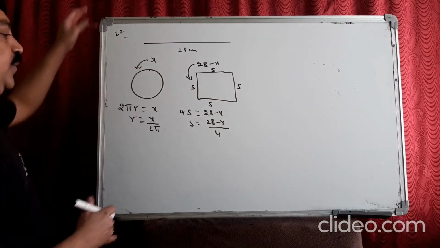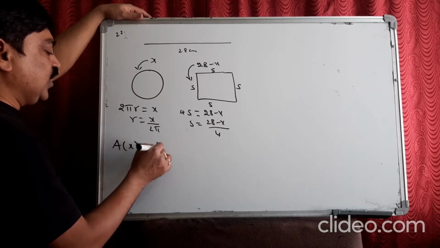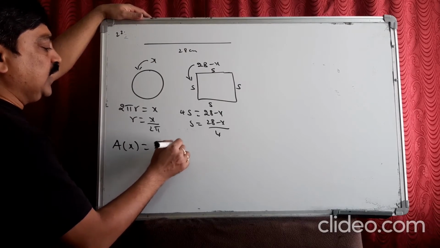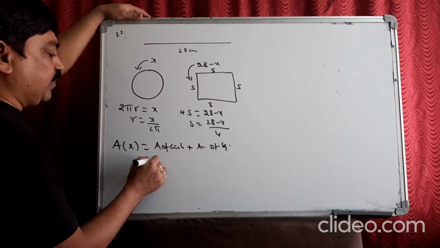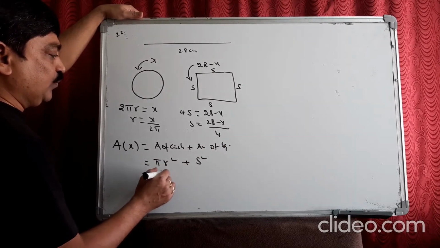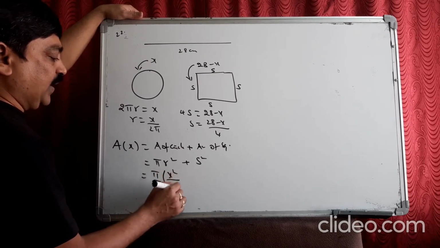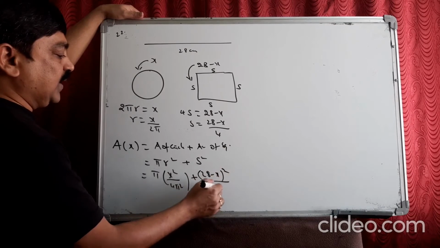So for the areas to be minimum, let us take A of x as area of a circle plus area of a square. Area of a circle is pi r square. Area of a square is s square. This is pi into x square by 4 pi square plus s square, which is (28 minus x) whole square by 16.